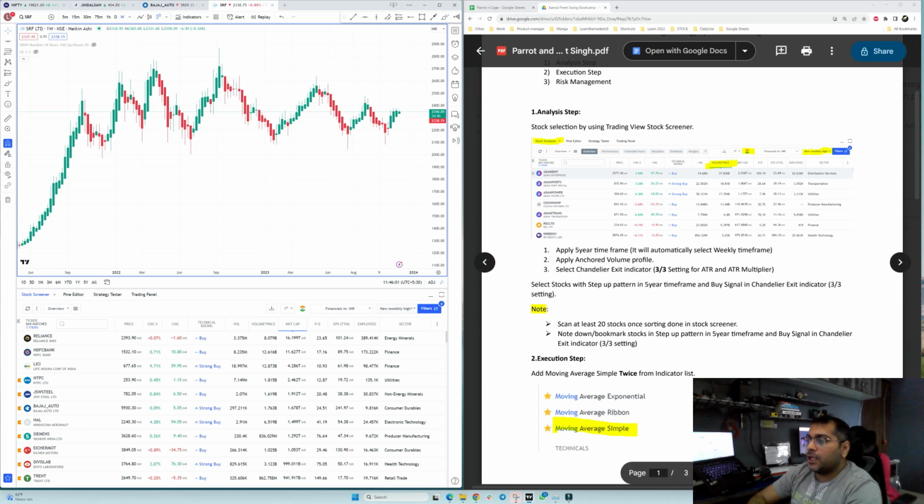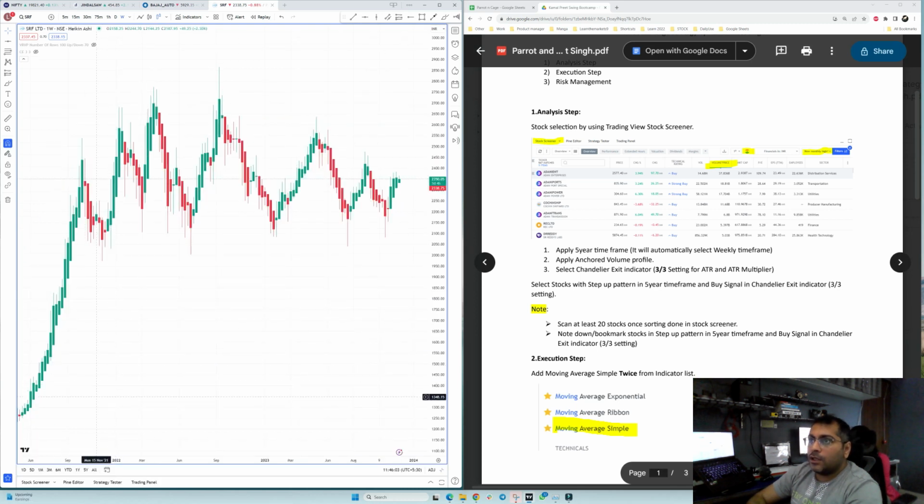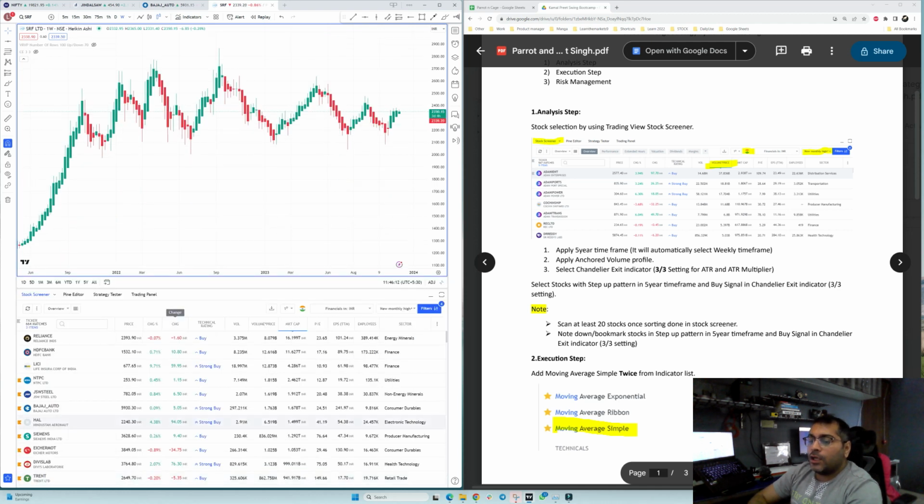This is the trading view's interface. At the bottom section, you'll see the stock screener. Click on it, and the stock screener should open up. What we need to make sure is that the stock screener is selected, not the forex, not the crypto pairs.